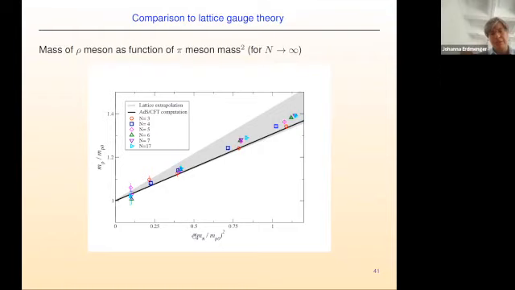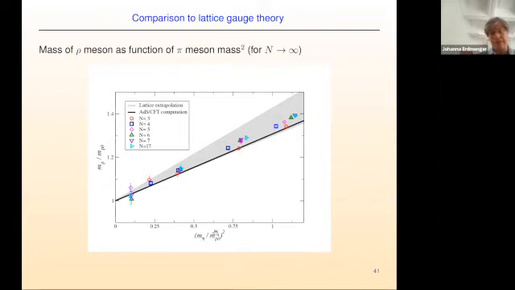Yes, so for academic purposes, in this calculation we allowed this mass to vary, but in the lab this particle has a value which is, I think, something like 100 mega electron volts. So this is a known particle.